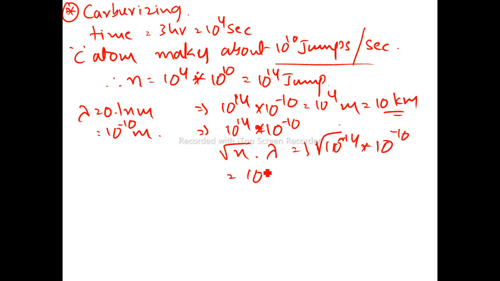Finally it will remain 7 minus 7, into 10 to the power of minus 10. Finally, we have 10 to the power of minus 3 meters, which is an explainable distance.